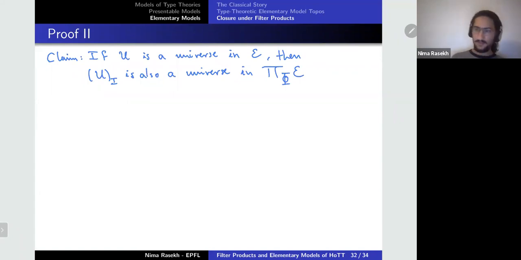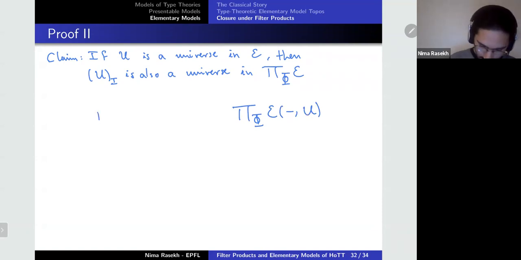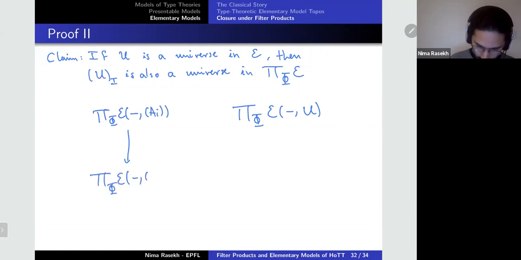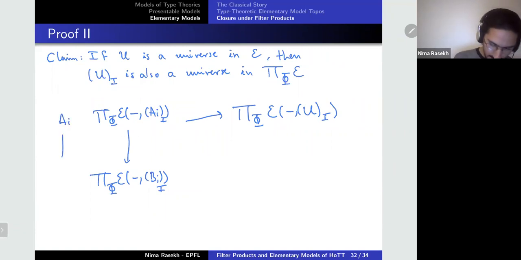So the goal is to show that, if I have a diagram like this, these are indexed by I. These are representable functors, this one represented by U, and these represented by maps A_i to B_i, which are cofibrations.